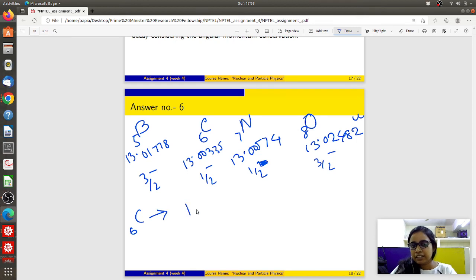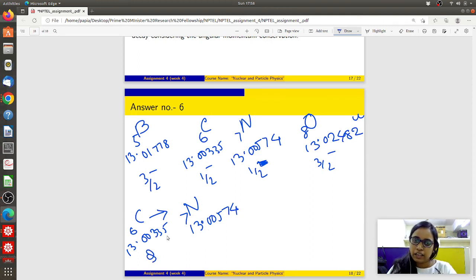Beta minus decay means it is going to nitrogen 7. So 13.00335 and 13.00574. If I calculate the Q value here, it is obviously negative because 335 is less than 574. So that means beta minus is not possible for carbon.